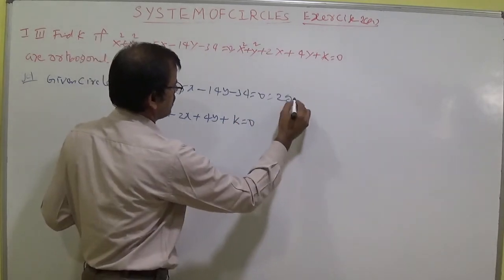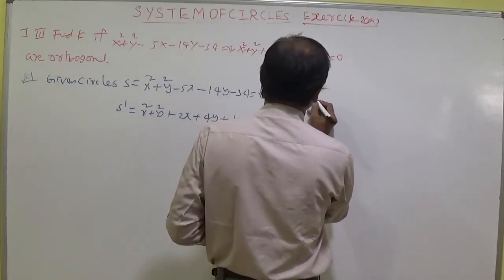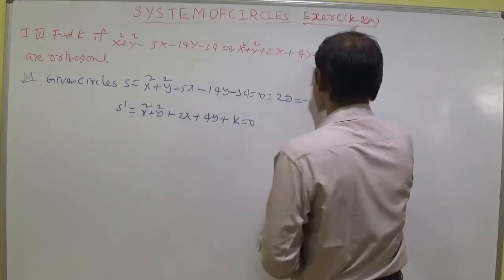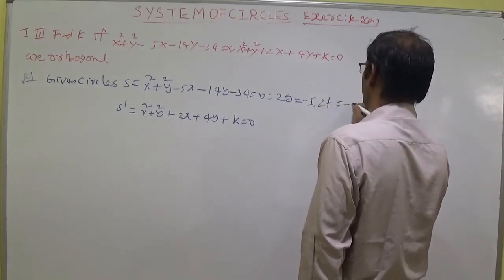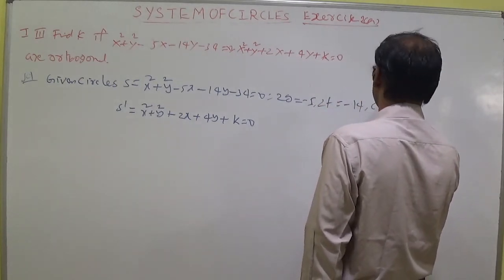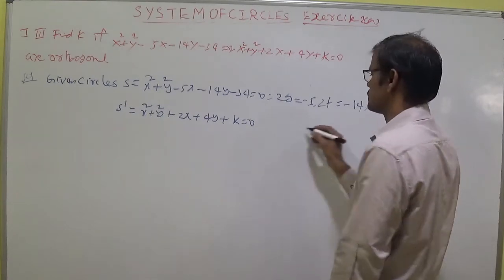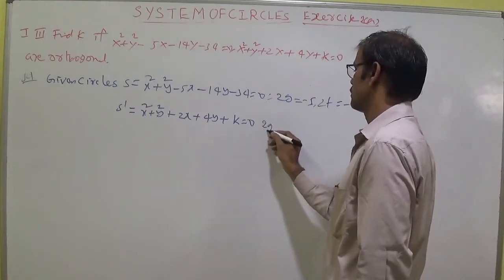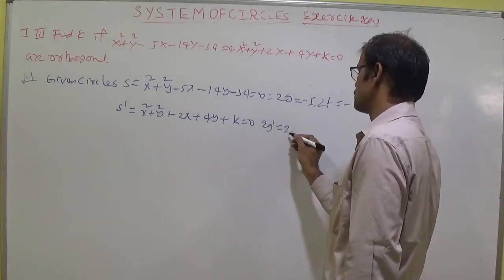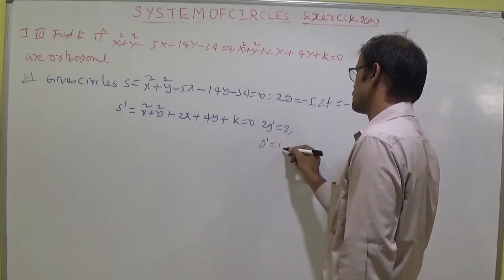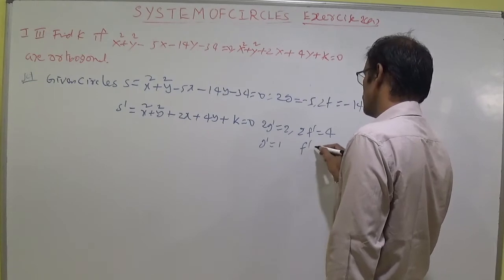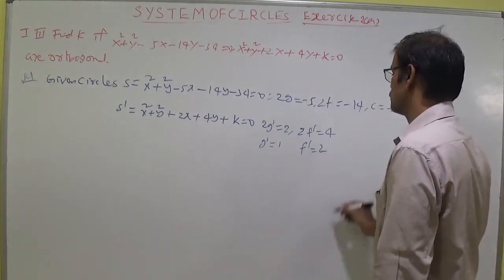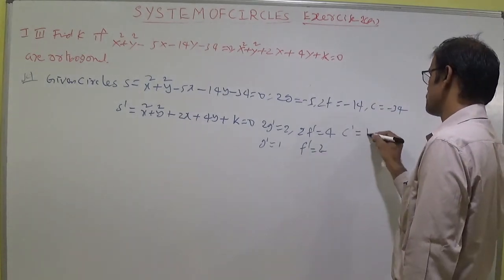Write here the data: 2g is equal to minus 5, 2f equal to minus 14, c equal to minus 34, 2g dash is equal to 2, so g dash is equal to 1, 2f dash equal to 4, f dash equal to 2, c dash is equal to k.